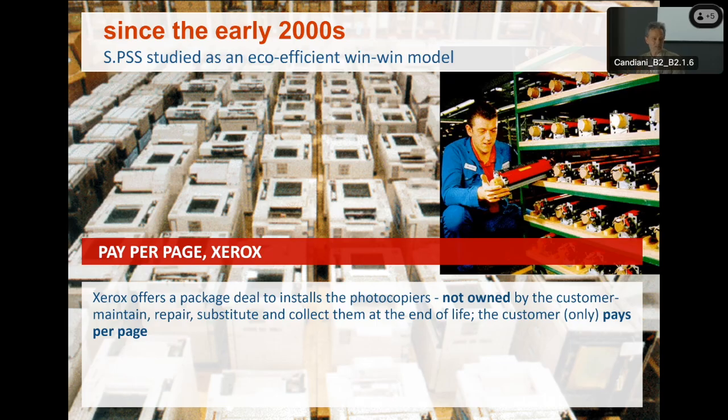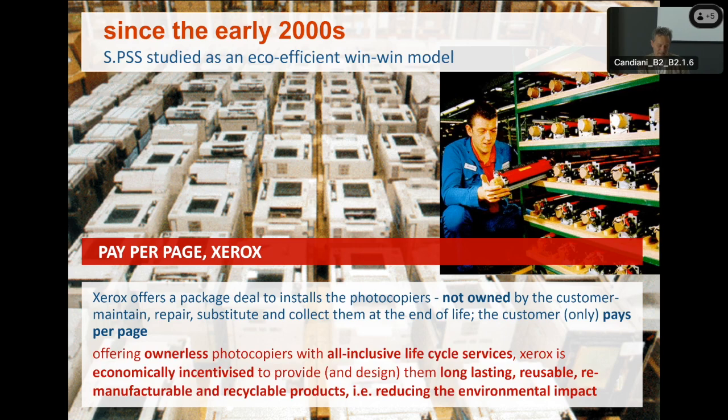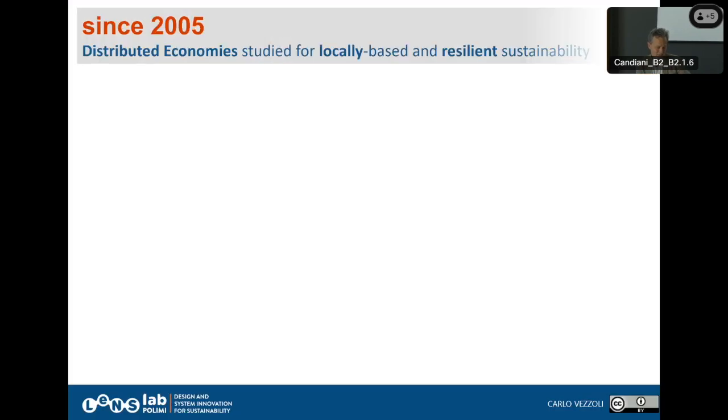If I have a recycled material because I designed well, I don't have the cost of buying material, okay? So if there is a shift in the offer model, there could be an advantage in even designing low environmental impact products. And that was the case, and the study started in that period.